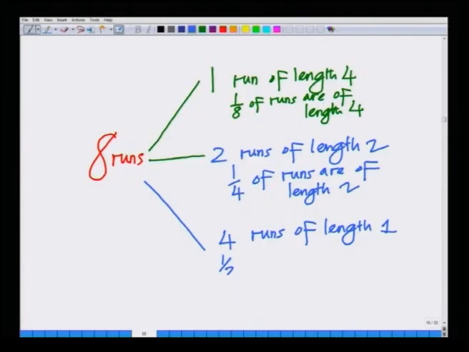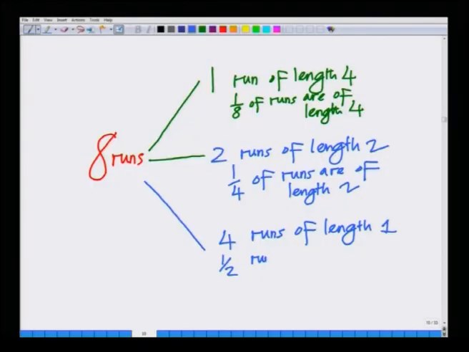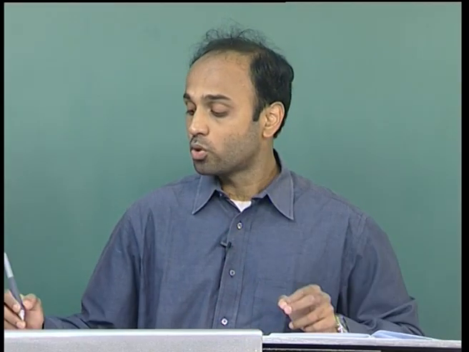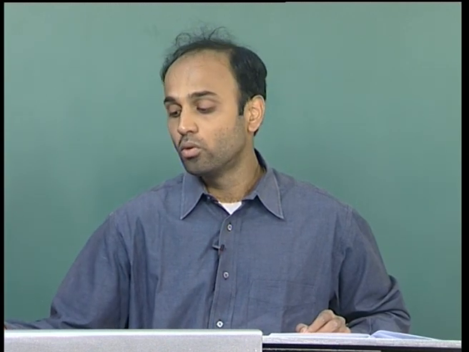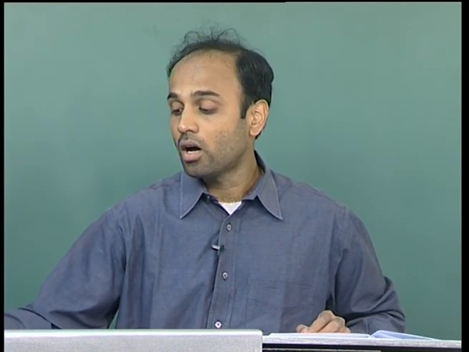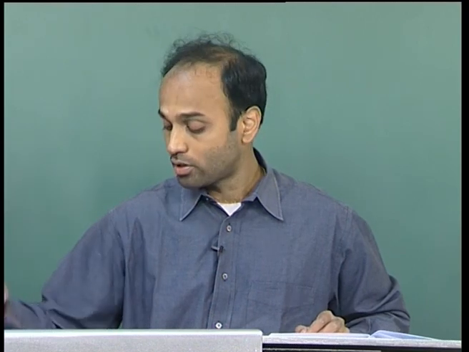So, half, because 4 is half of 8, which is the total number of runs. That is a very interesting property. So, half of the runs are of length 1, 1/4 of the runs are of length 2, 1/8 of the runs are of length 3, and so on and so forth.